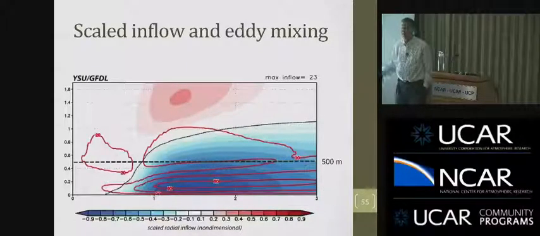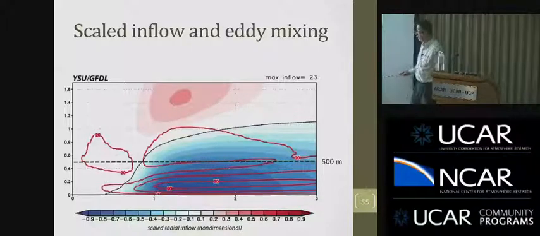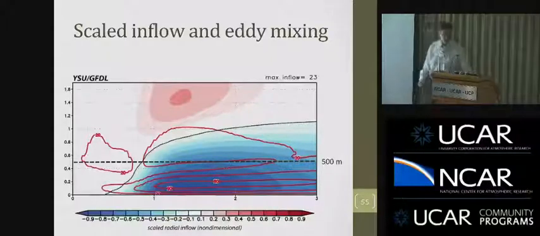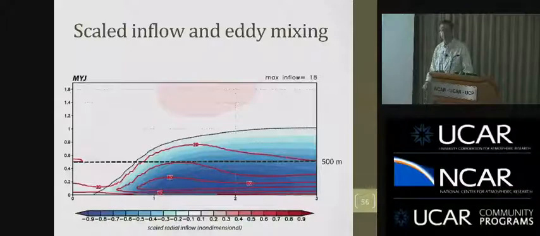In the back, you're just going to have to believe me because you probably can't see this. This dashed line here is marking 500 meters above the sea surface. I'm using that as a reference point. Notice all of these contours are basically below that level. That's YSU. I could also use MYJ, which is a very old scheme based on Mellor and Yamada.